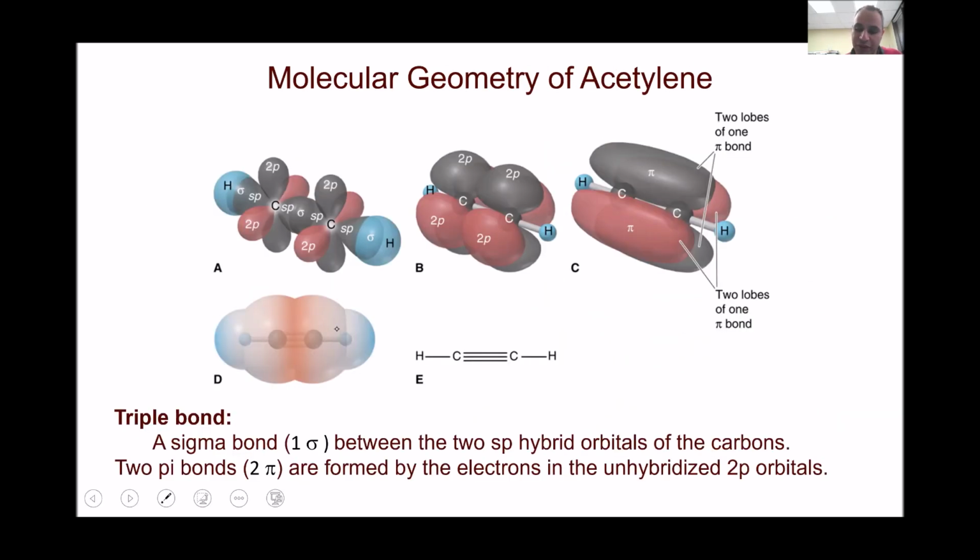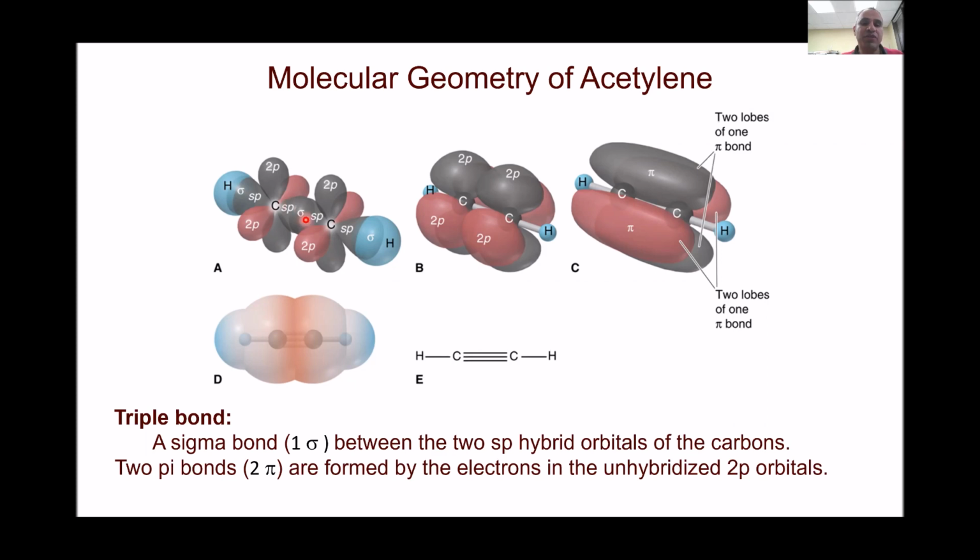If you count the number of domains in the case of acetylene, you'll clearly see that each of these carbon atoms has only two domains, which means it actually has sp hybrids that will have 180 degrees angle between each other, and that will leave two perpendicular unhybridized p orbitals on each of the carbon atoms.